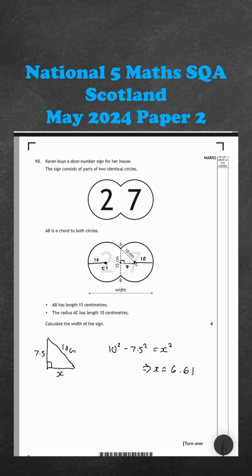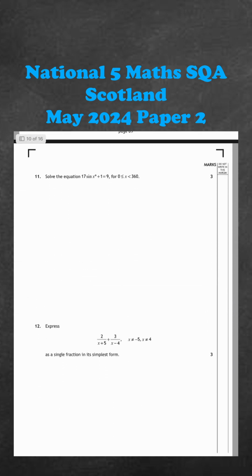As I said, all I need to do is x plus 10 plus 10 to get the full length from one side to the other, or the width of the sign. So we get 13.2 plus 20, 33.2 centimeters. Quite an interesting question, that one.